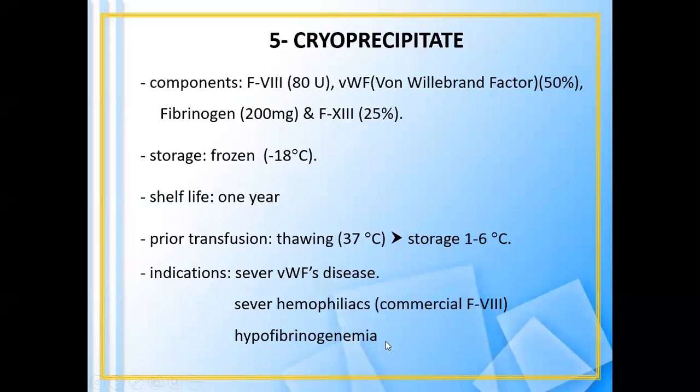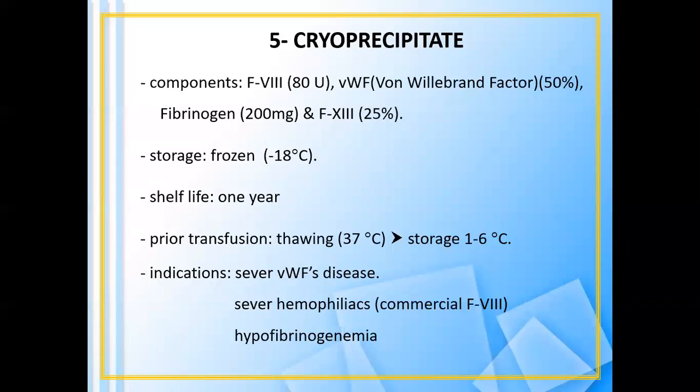Another kind of blood component is called cryoprecipitate. Cryoprecipitate is a kind of coagulation factor that we can separate from the whole blood and use as a concentrate for patients that need it. The most important component of the cryoprecipitate is factor 9, and we have another factor called von Willebrand factor.